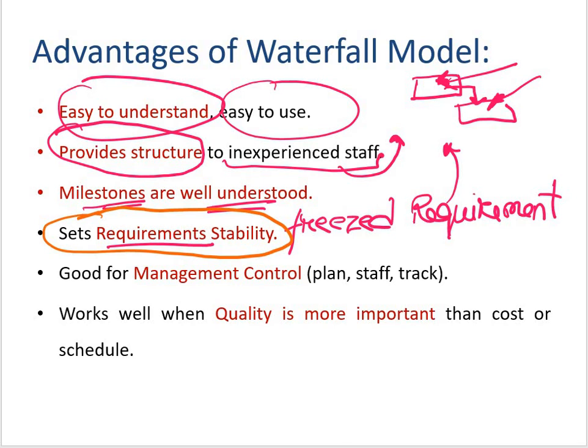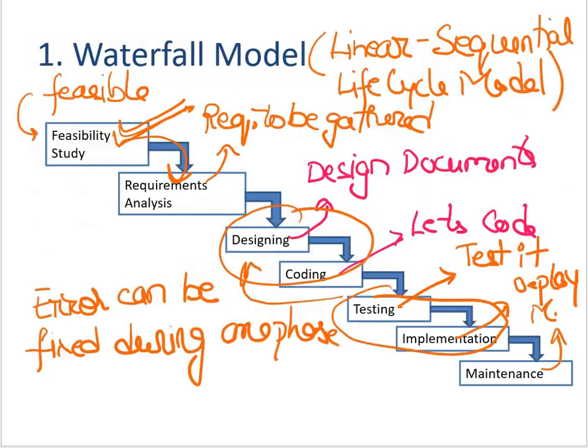And since everything is fixed and pre-planned, it is good for management control. That means planning, staffing, tracking. Let's say I know that these two phases need 2 months of time. So I'll say my design team should be free for the first 2 months, and then it should be ready.